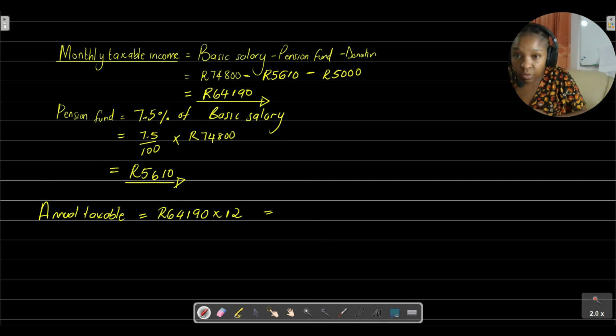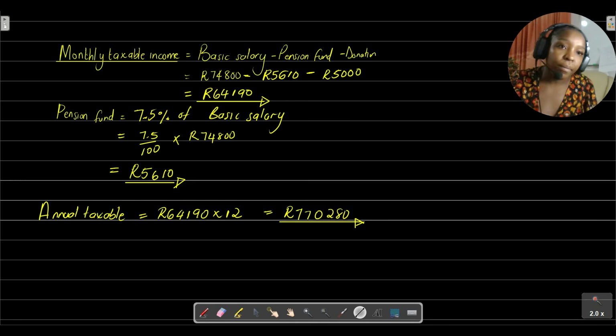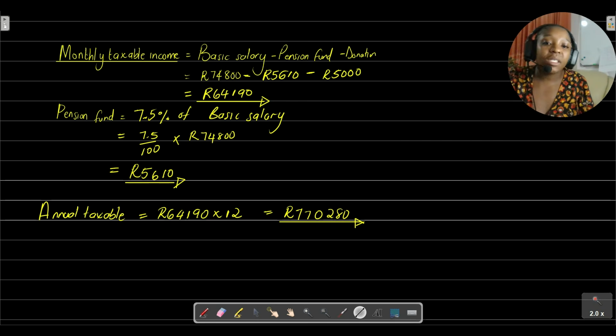Okay, so 64,190 multiplied by 12. So you'll get that his annual taxable income is 770,280. So the salary that he earns per annum that can be taxed is 770,280.